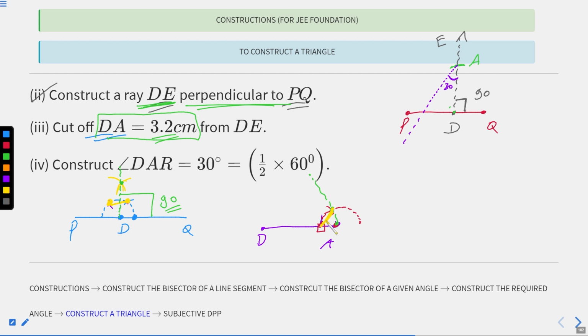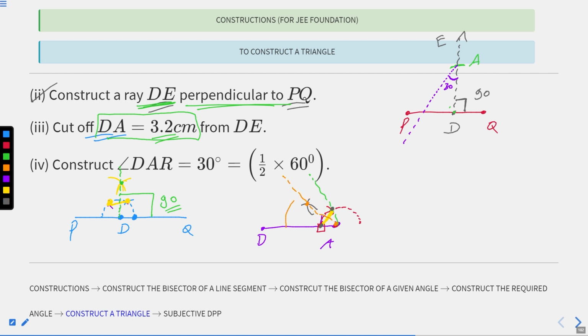Taking more than half of this length as the radius, and putting this point as center, make an arc like this. Now putting the center here, make another arc like this, and joining the new intersection point with A will produce the angle bisector.